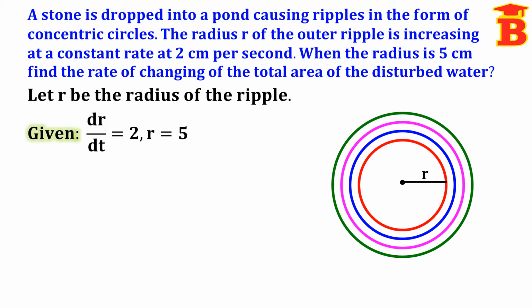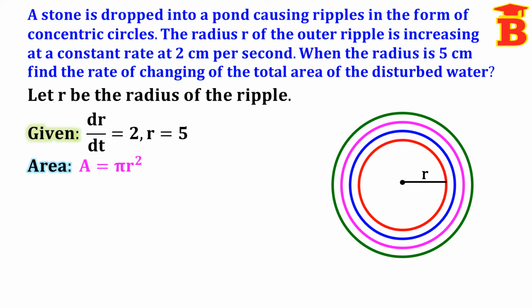So now write the area formula. This is a circle. So we know that the area of circle is A equal to pi r square. We have to find dA by dt. So just differentiate this and substitute the given values.